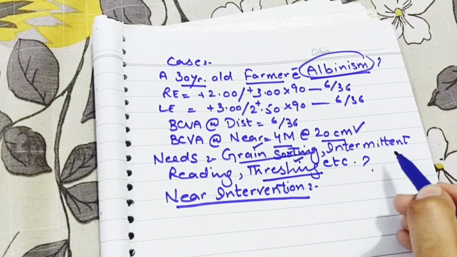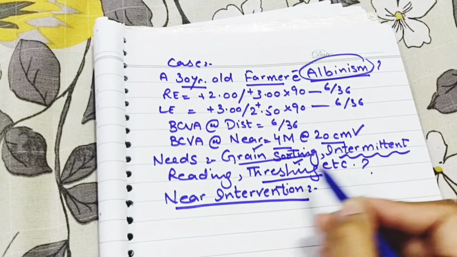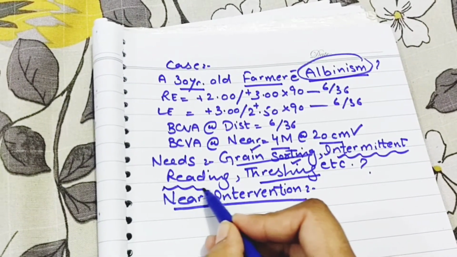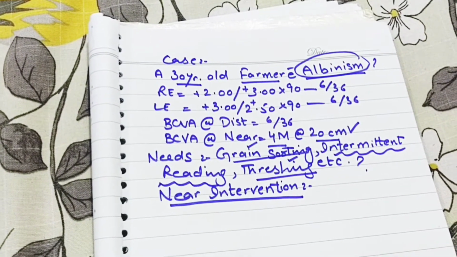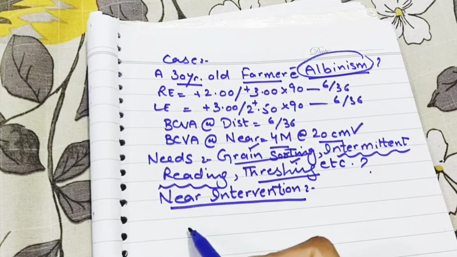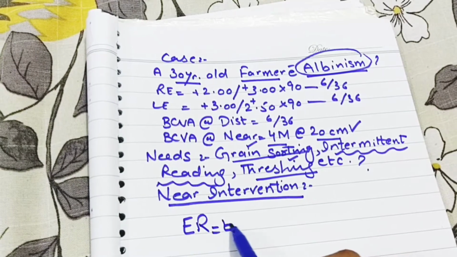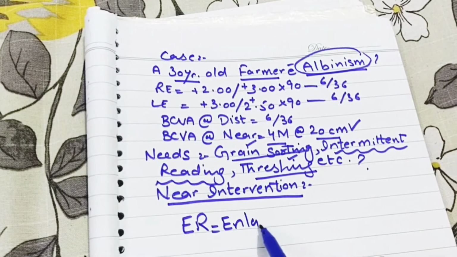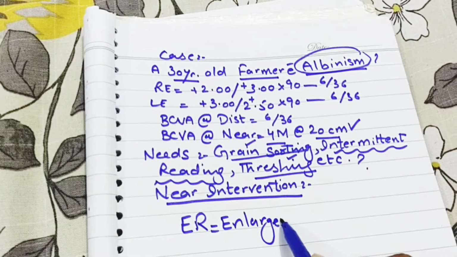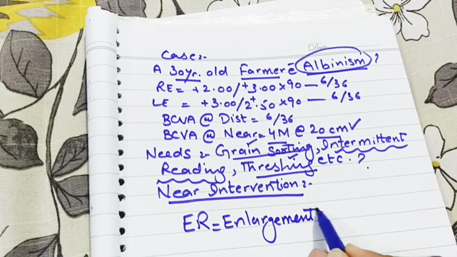The patient's demands are grain sorting, intermittent reading and threshing, etc. With distance intervention, grain sorting and threshing have been solved. Now near intervention is enlargement ratio. First of all we will calculate the enlargement ratio.